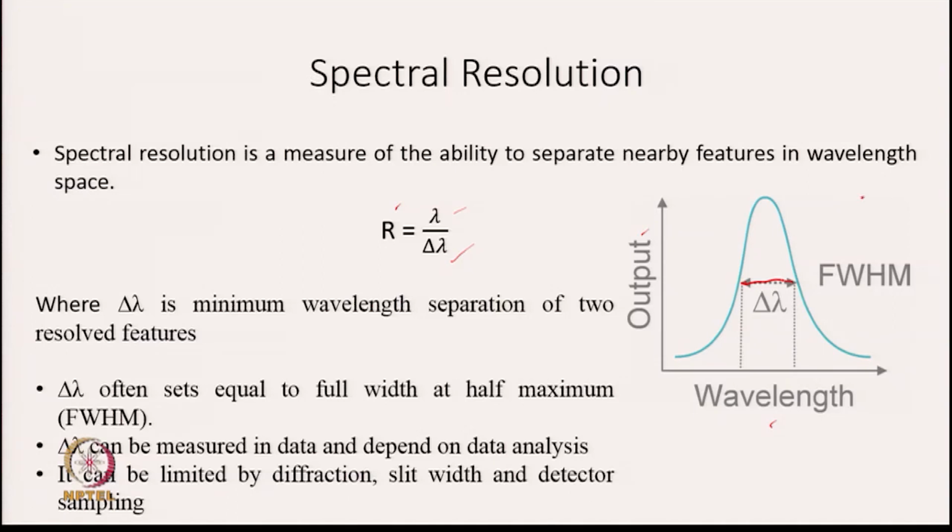This is your height h, and half of it is this height h by 2. The spectral width at half height is called delta lambda.